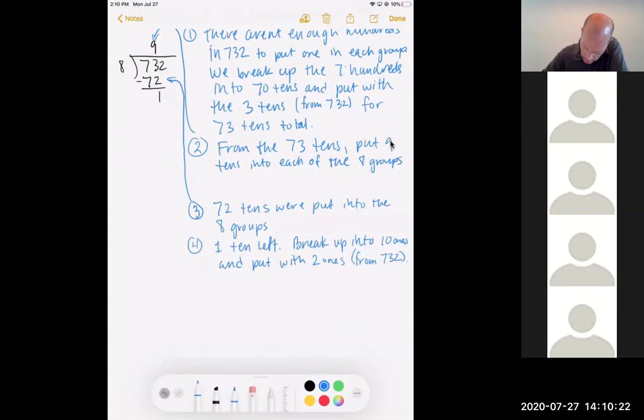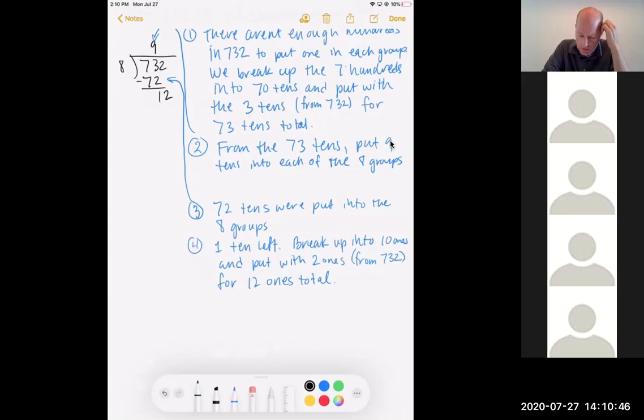Okay, for 12 ones total. So that's what we mean when we say we're bringing down the 2. That's like the description of what's going on with my symbols and my placing there.